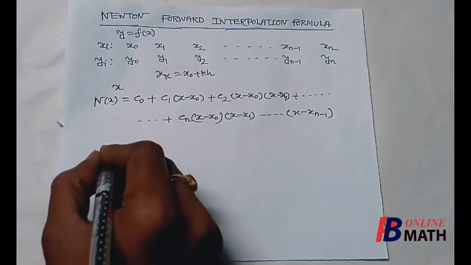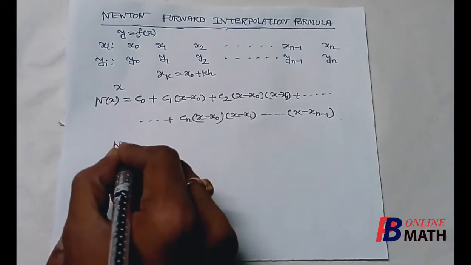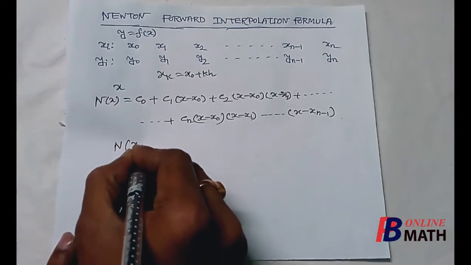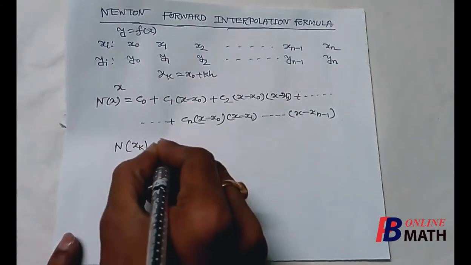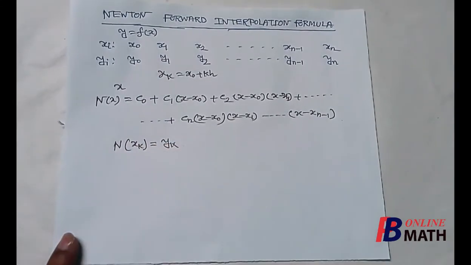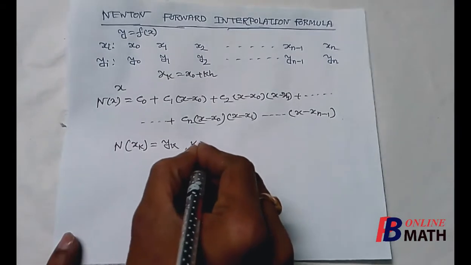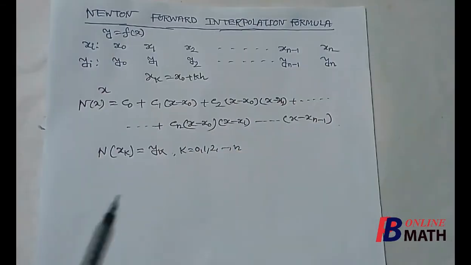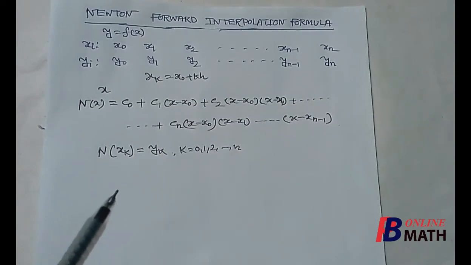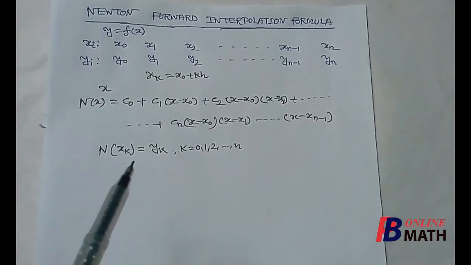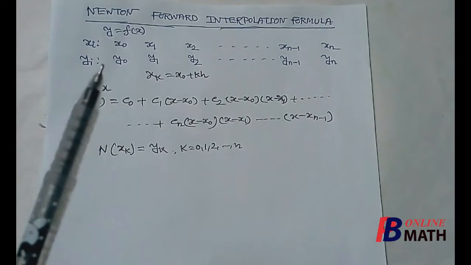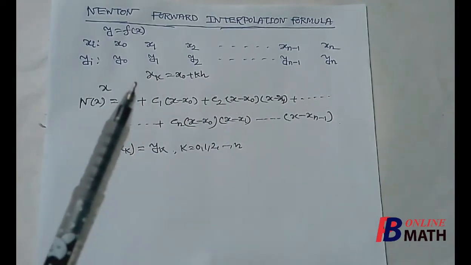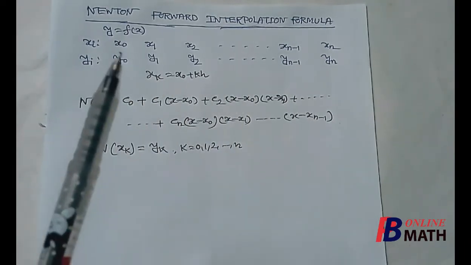That means the value of this polynomial at the point xk must be equal to yk, where k varies from 0, 1 up to n. So we select the polynomial N(x) in such a manner that the values of this polynomial at these arguments must coincide with the values of the function.